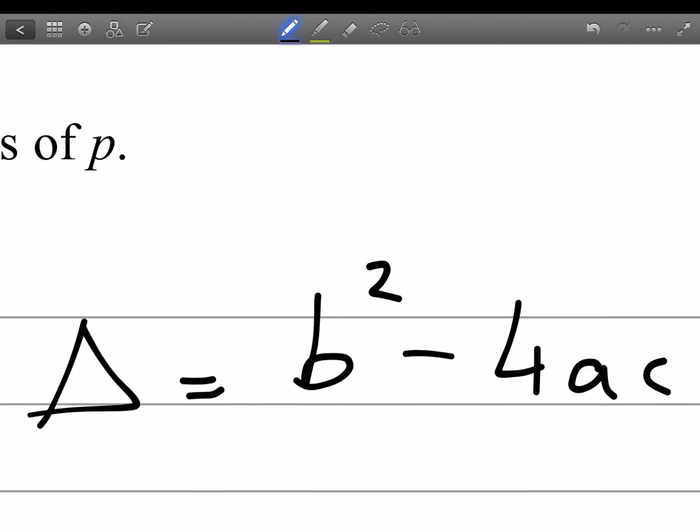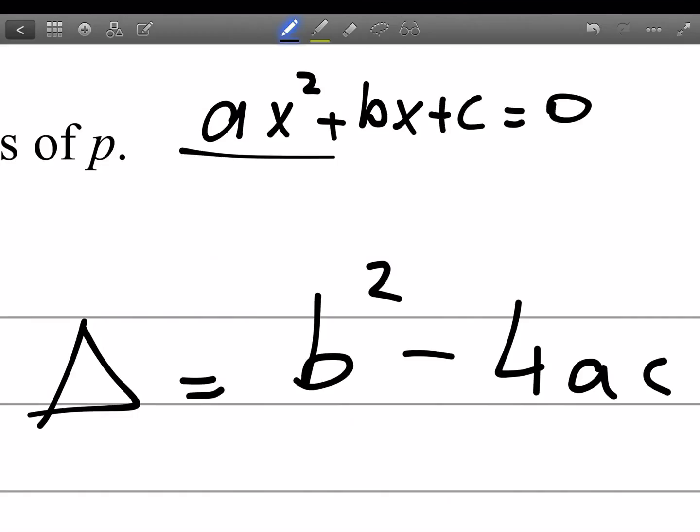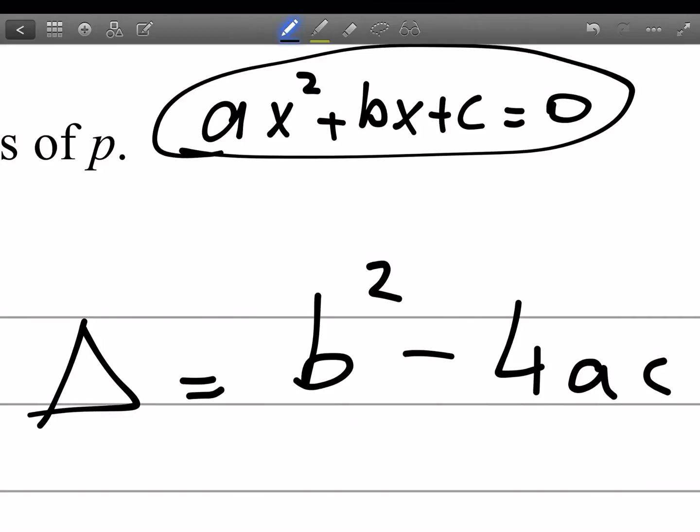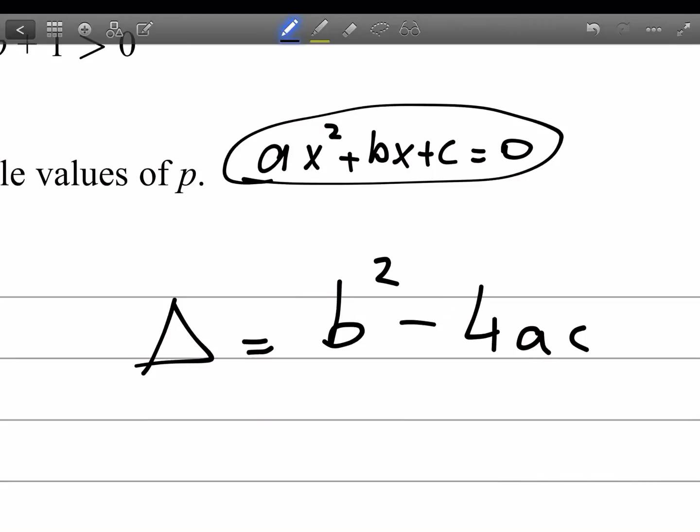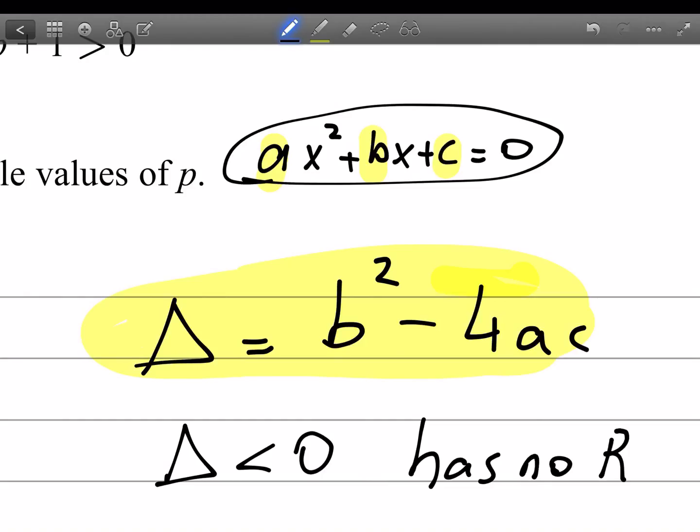Normally, ax square plus bx plus c is equal to 0. It's the general form of the quadratic equation. Then here we have b and a and c. That is the discriminant of this quadratic equation, and if it is less than 0, then it means it has no real root.